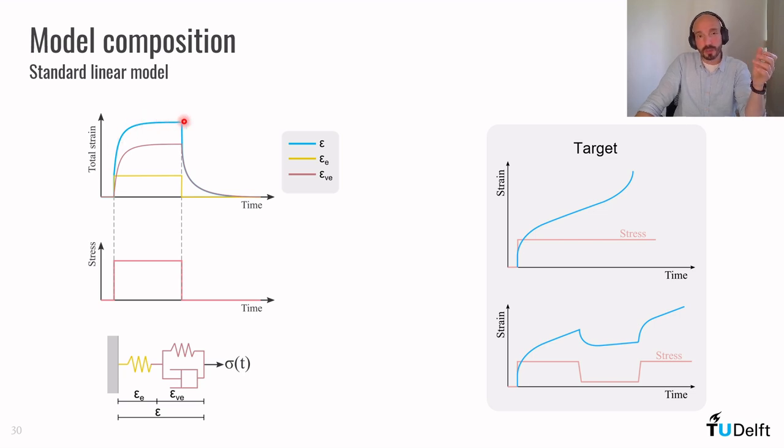So this will be given by this blue curve here. Now, if we use this model to represent salt behavior, I wouldn't say it's a good model, because it completely misses almost everything except transient creep and reverse creep.